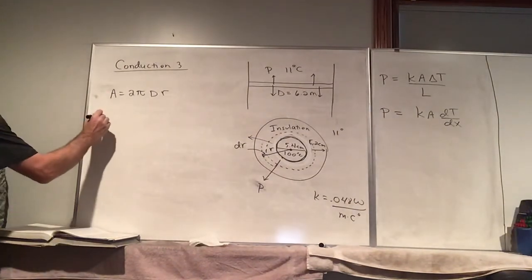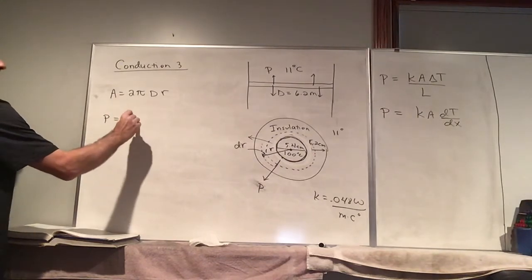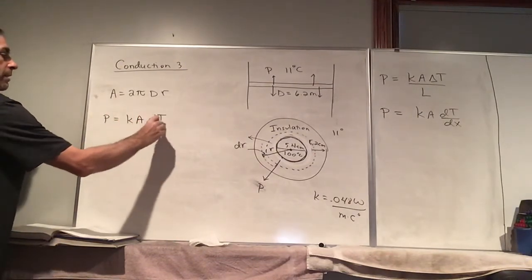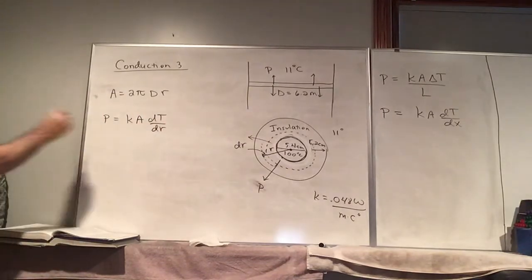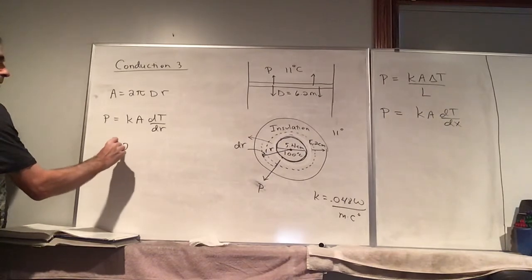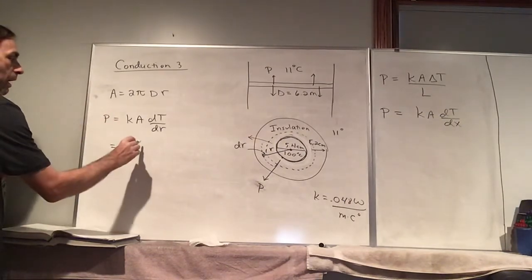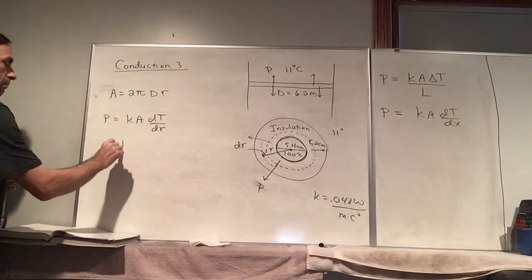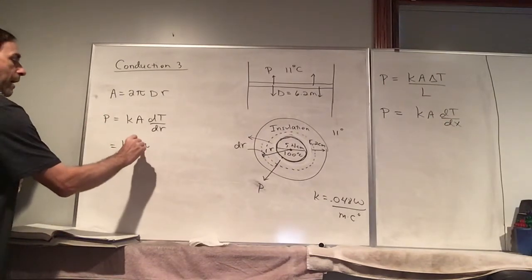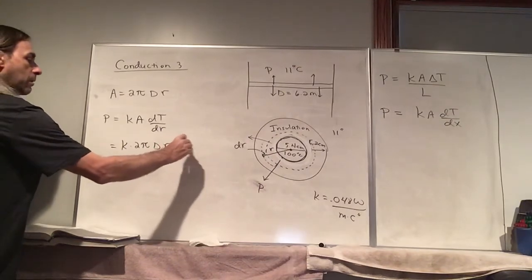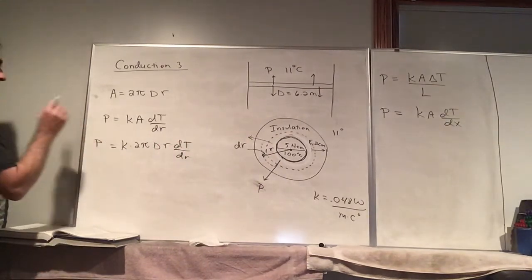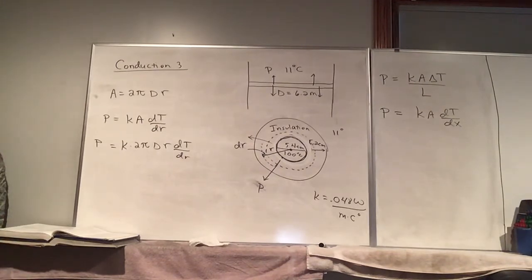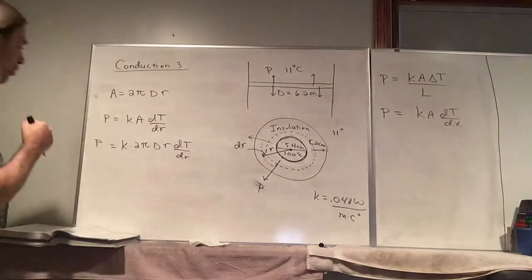So if we write down our formula for power, we have KA dt over dr. And if we plug in A, we have K times 2 pi capital D times r dt over dr. We can clean that up a little bit, but what we want to do is rewrite this in differential form.